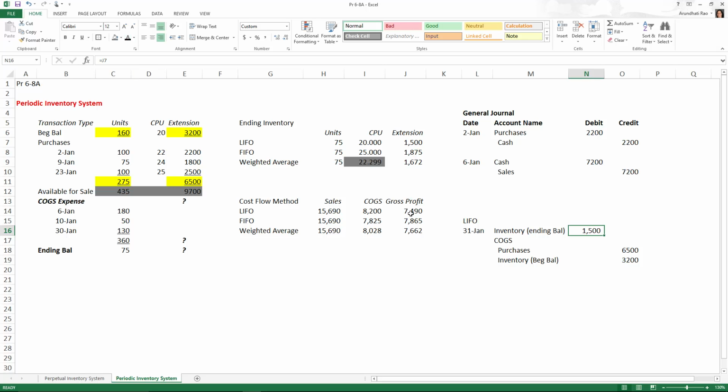And then I said cost of goods sold would be 9,700 minus 1,500, 8,200, and I put that over here. What you will see over here is goods available for sale, which is basically this 3,200 and 6,500. This is what was available for sale, and it will be distributed to ending inventory and cost of goods sold expense. So total debits, which is 9,700, must equal total credits, which is 9,700.